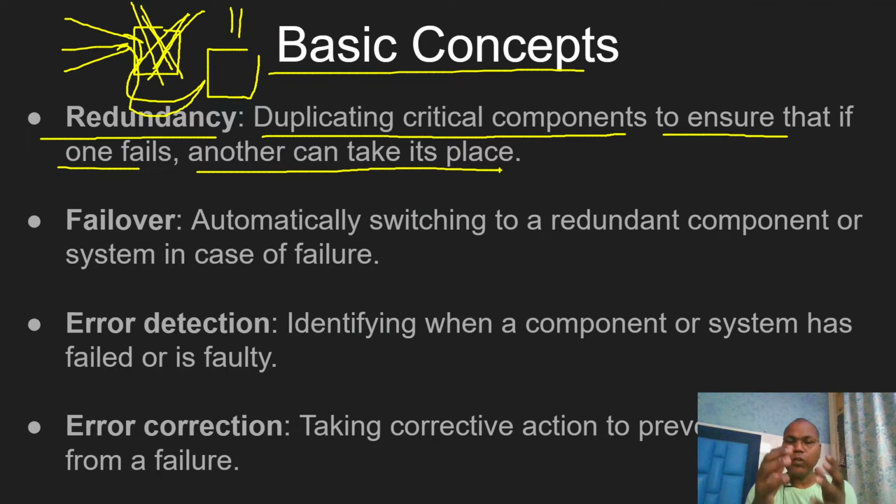So you have to make duplicate, redundant, similar components running in parallel, so that if something unwanted happens or some failure occurs, the second component immediately takes over. This is one way of handling faults: make a redundant, duplicate copy of those components.